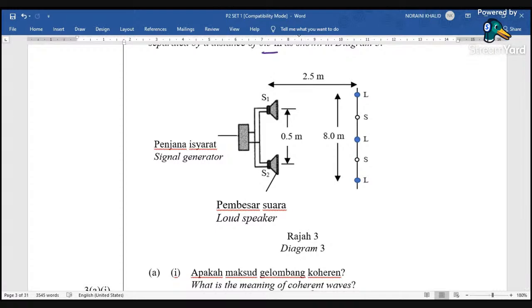So the diagram shows there are two sources S1 and S2 connected to the same main source, signal generator. If they are coming from the same source, means the wave that produced by S1 and S2 must have same frequency. So when the wave produced by these two sources have same frequency, so we call it coherent sources.